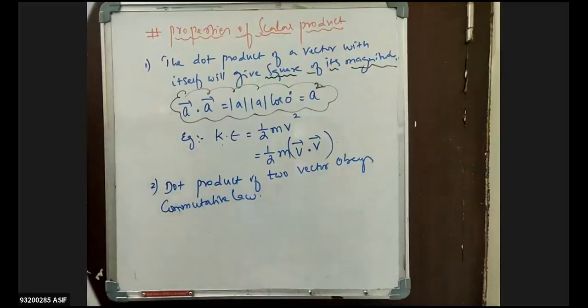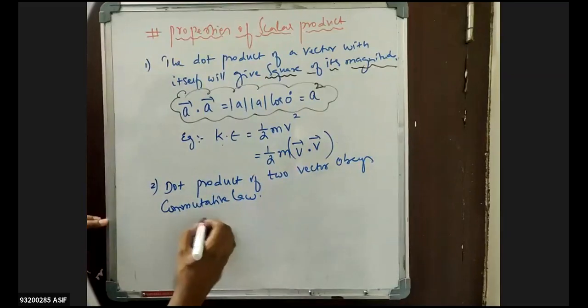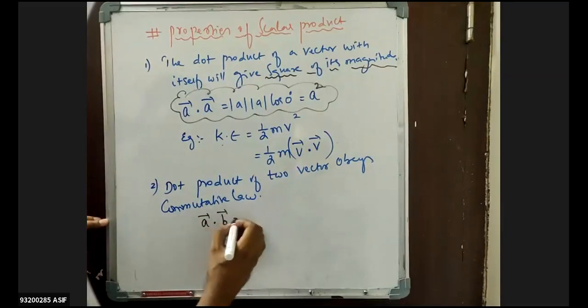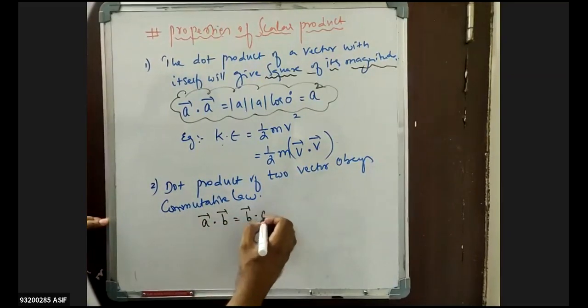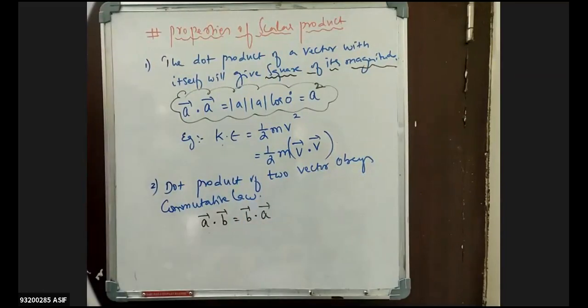What is the commutative law? a bar dot b bar must be equal to b bar dot a bar.